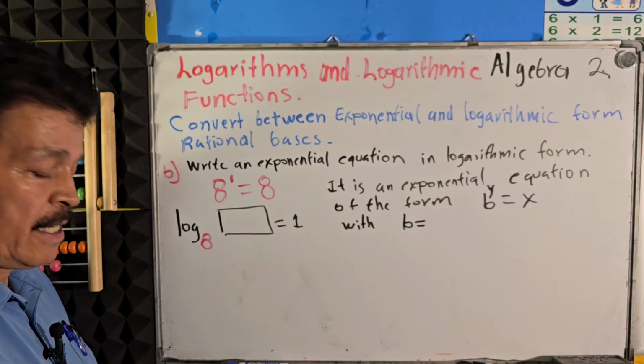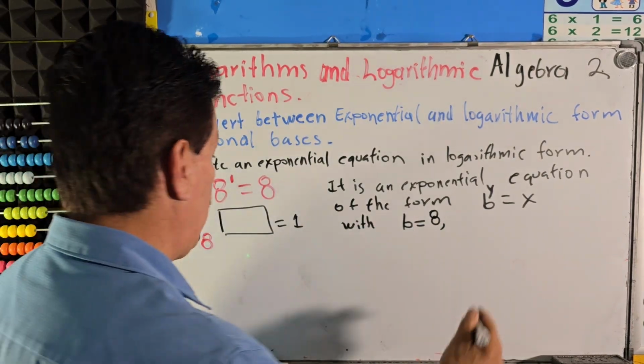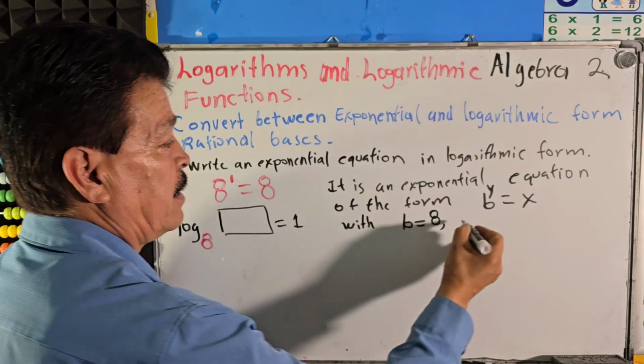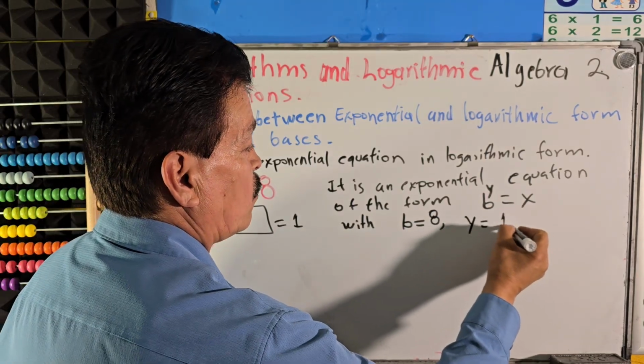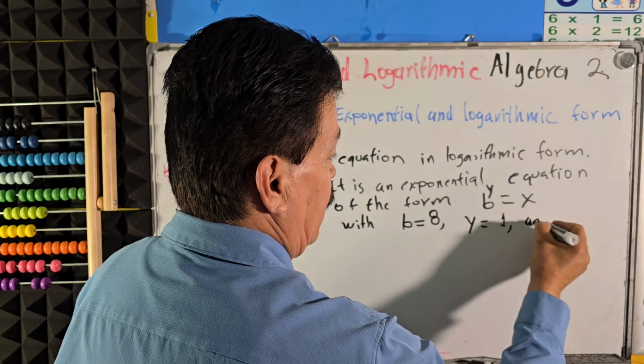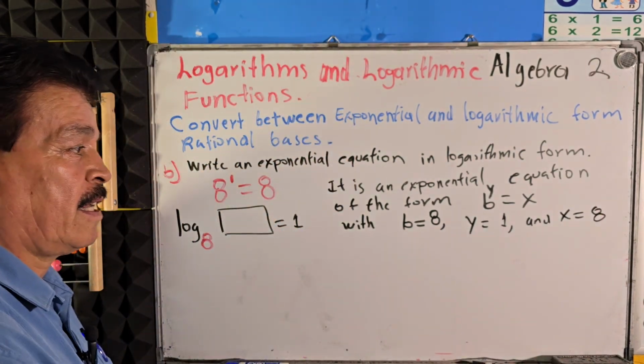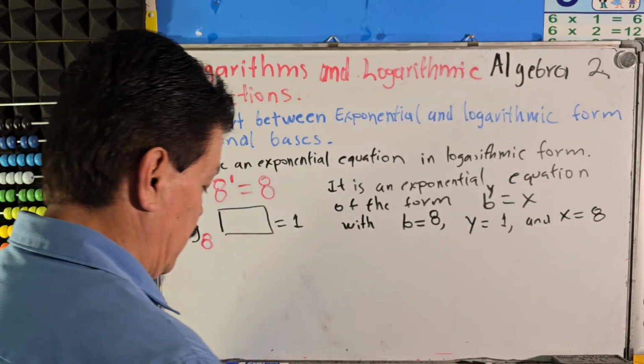How much is b here in our case? It's 8. The exponent y is equal to 1, and how much is x? x is equal to 8. So that's just our data, right?